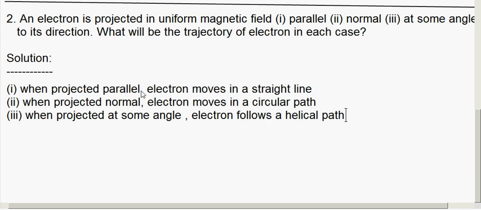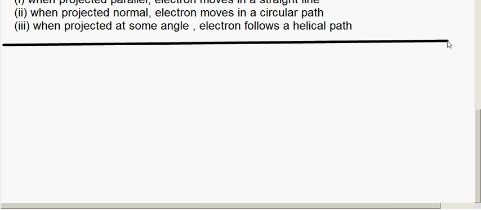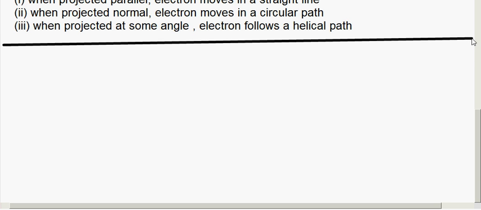Remember, projected parallel moves in a straight line. When it is projected normal, electrons move in a circular path, and when it is projected at some angle, electrons move in a helical path. Now that completes this problem.